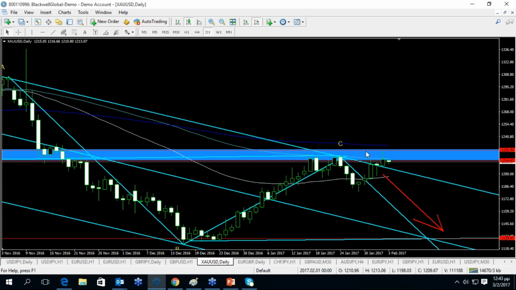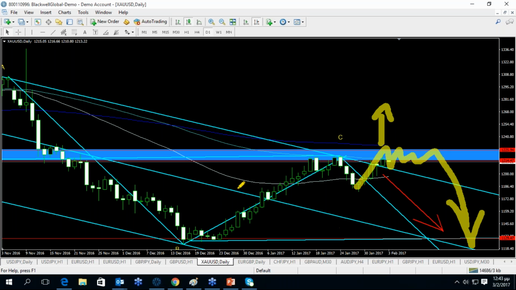On top of that, we also have the 200 moving average here. So you see all these ones are acting as a wall of resistance. You need prices to go above and above, higher and higher, to go above that 200 moving average and pierce through this zone to then show you bullish momentum. If not, then you're looking at more price playing around that zone, heading towards the downside. Okay, so that's basically what's going on at this moment of time.